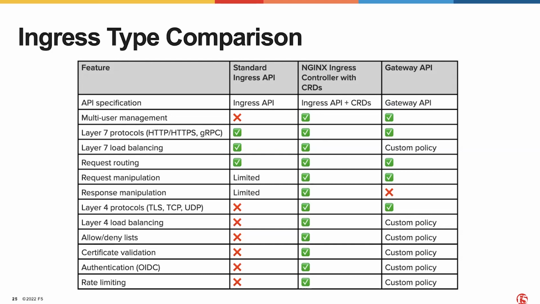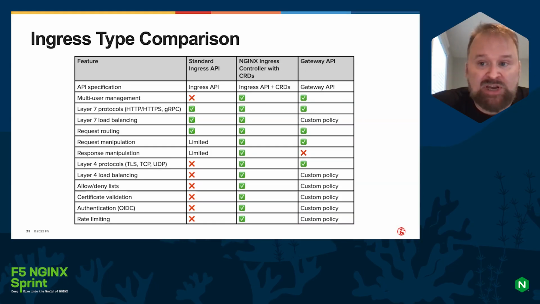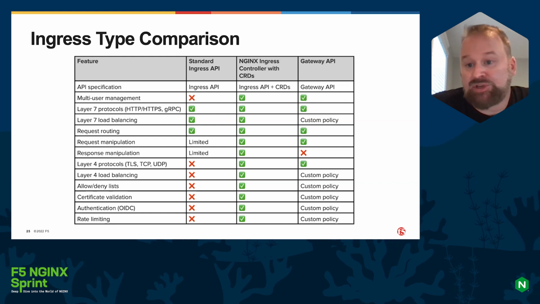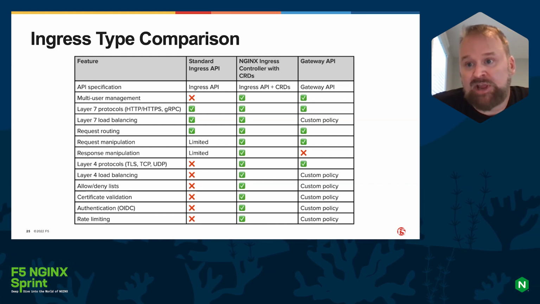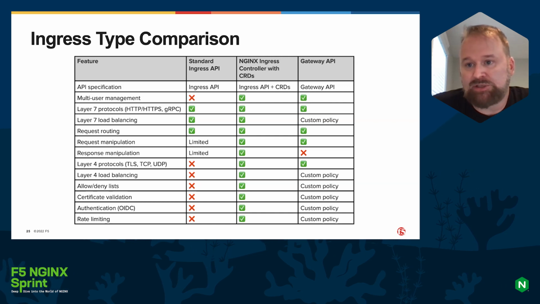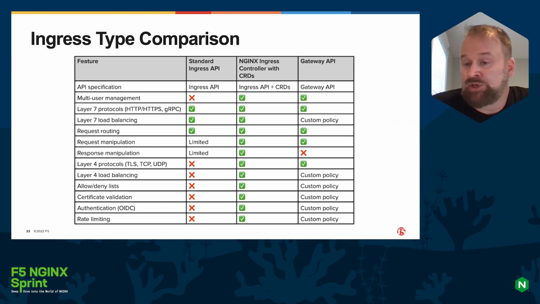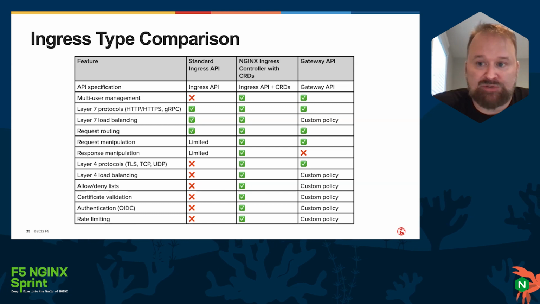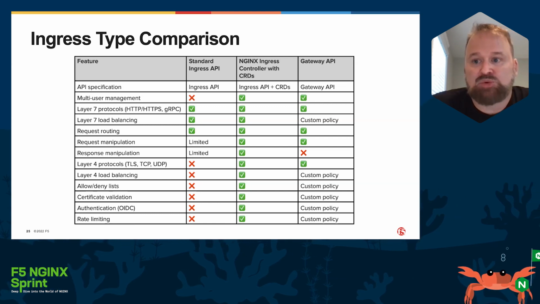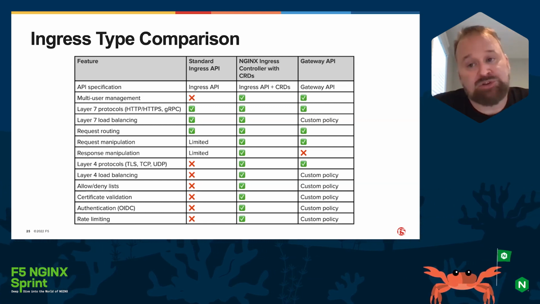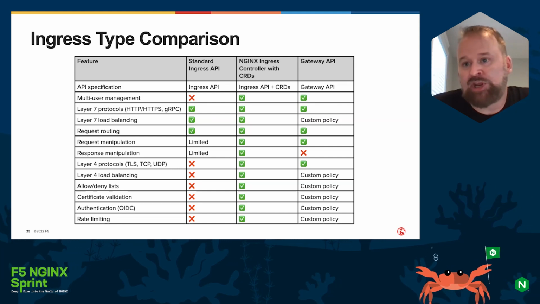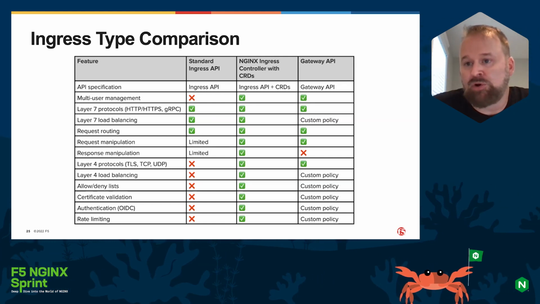So your two choices beyond that are to use the NGINX Ingress controller with custom resource definitions that extend it to take full advantage of the NGINX capabilities, or to use the new Gateway API. The advantage to the NGINX Ingress Gateway API is that it is a standard defined by Kubernetes. So whereas using the NGINX custom resource defined APIs will lock you into NGINX, using the Gateway API enables you to change between different Ingress controllers if you want to.